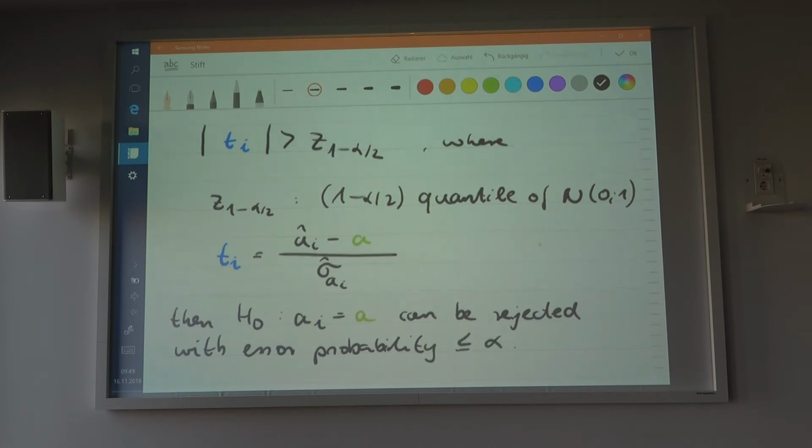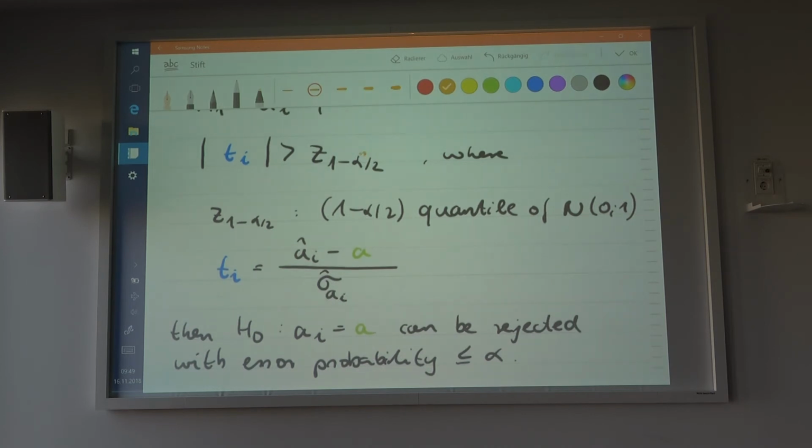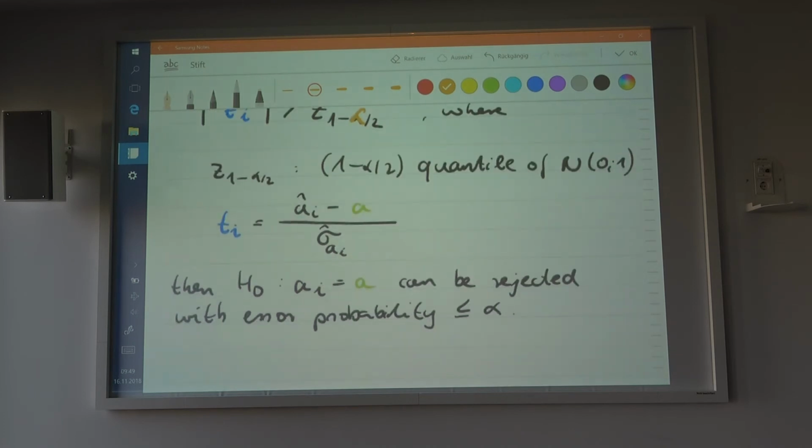So alpha, you may remember, denotes the error probability.